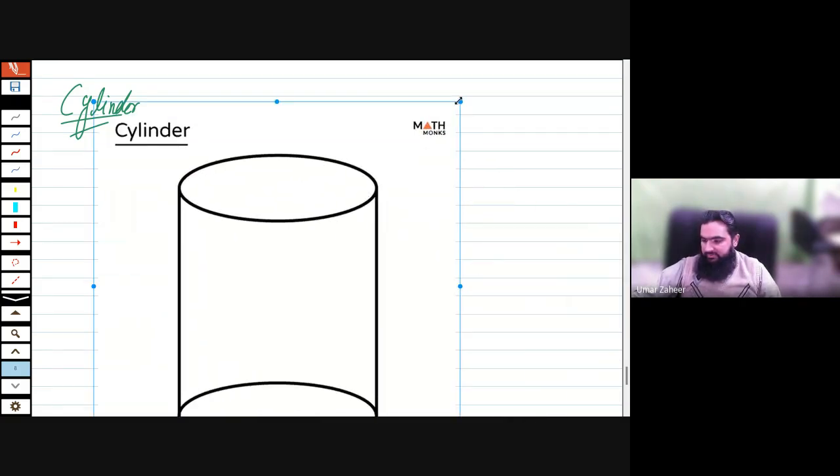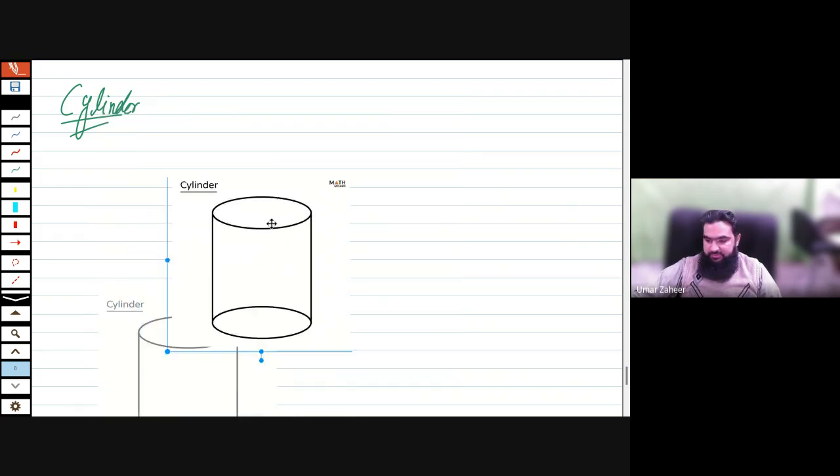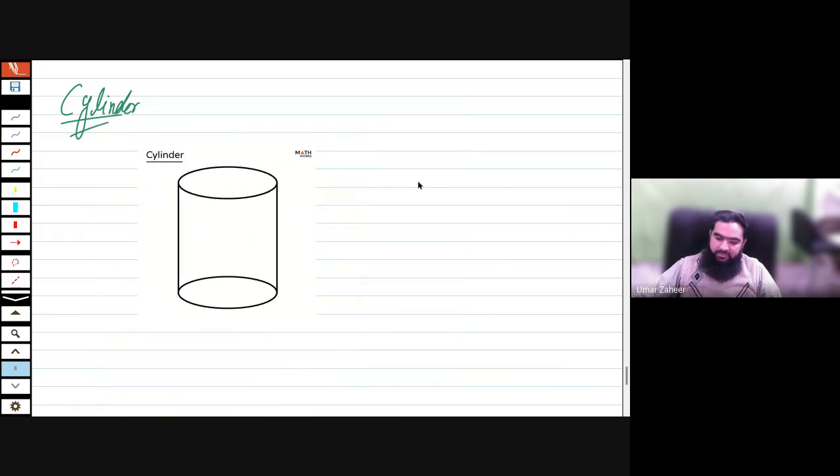Now look at here, we have a cylinder here. Okay, we can make different planes of symmetry here. We can make a rectangle here, but if you are making a circle, I'm not able to make it a good one, but I will try my best. I can make a circle here. You can make a circle here, right?